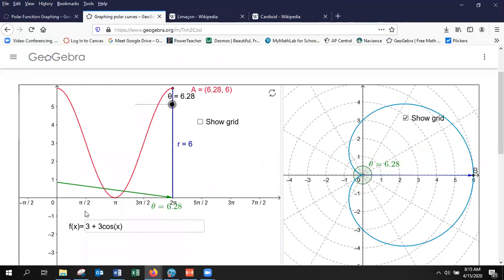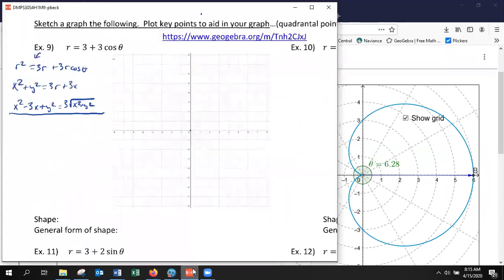Once again, you should have seen that in your Desmos exploration, so I'm not going to go into as much depth here because you have already taken a look at it. What I do want to say is, how do I take this equation that I have, and from this equation, how do I create the graph? This is where knowledge of what happens if you have a cosine versus a sine is going to help.